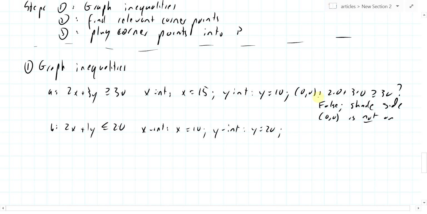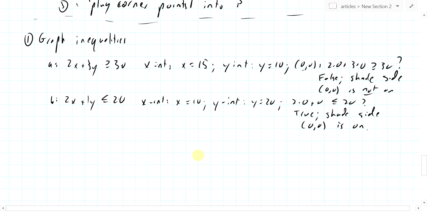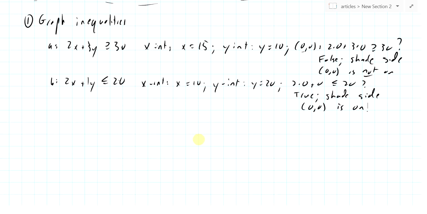If we plug in 0, 0 as my test point, we get 2 times 0 plus 0 less than or equal to 20, true. Shade the side 0, 0 is on. So if I get true, then I shade the side the test point is on. If I get false, I shade the side the test point is not on.